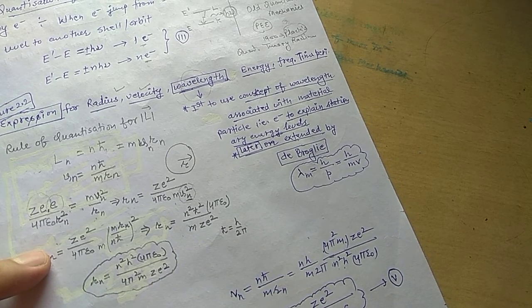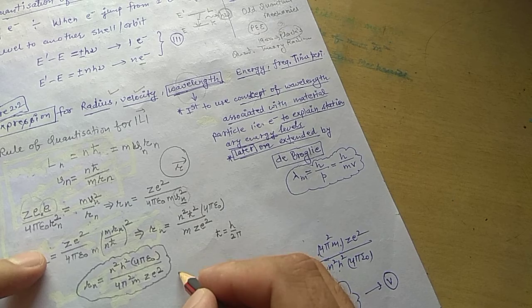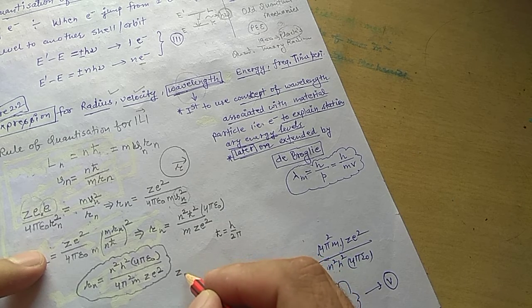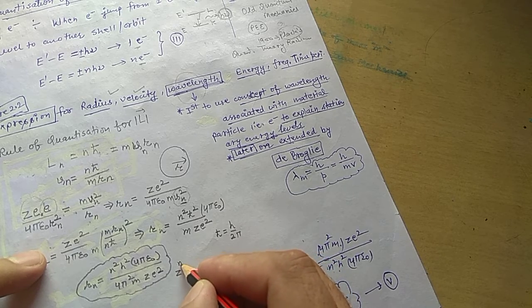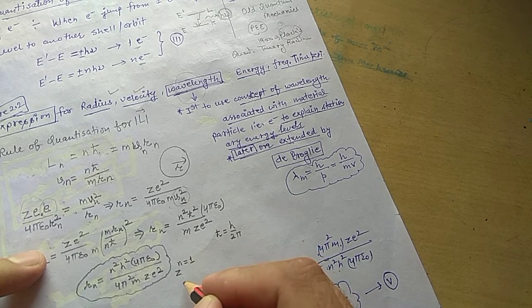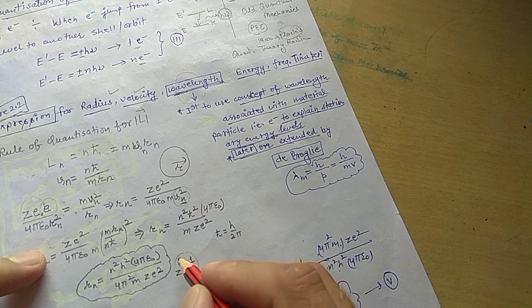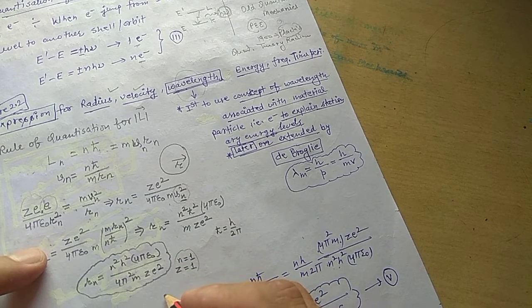Now if we want to find out the radius of the first Bohr orbit, for the first Bohr orbit the value of n, the principal quantum number, will be equal to 1, and for the hydrogen atom the atomic number will be 1. If you put it here, then you will get the radius of the first Bohr orbit.